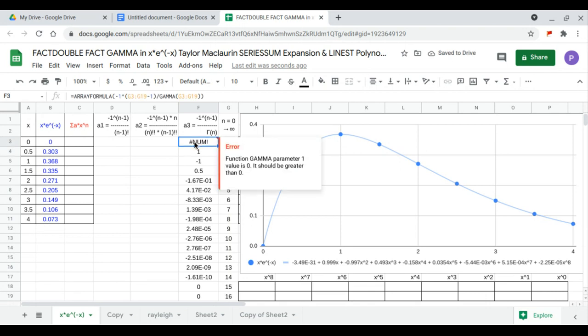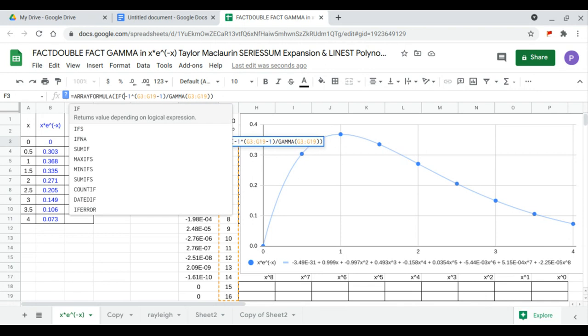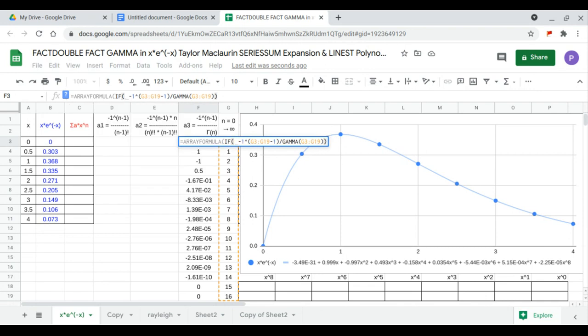So if n equals 0, it should be 0, because at n equals 0, it should be 0. So we copy this. So use the if statement. N equals 0, and it's 0.